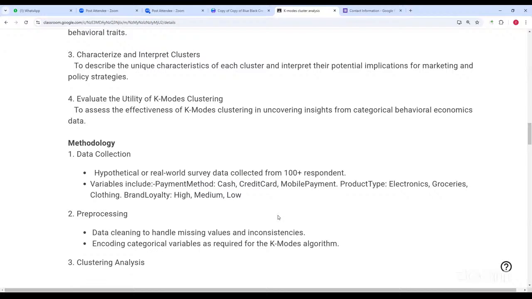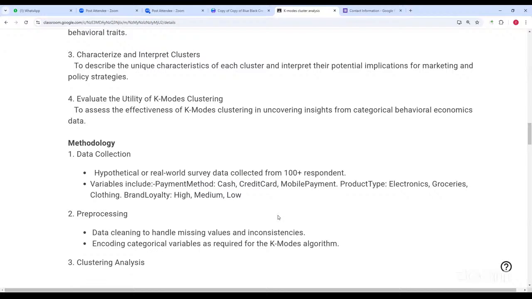Methodology: data collection. Hypothetical or real valued survey data collected from 100 plus respondents. Variables include payment method: cash, credit card, mobile payment; product type: electronics, groceries, clothing; brand loyalty: high, medium, low.